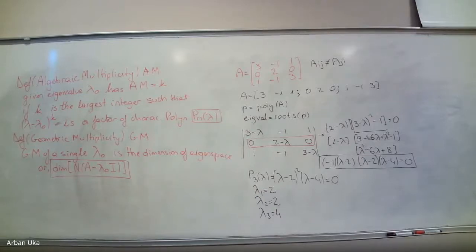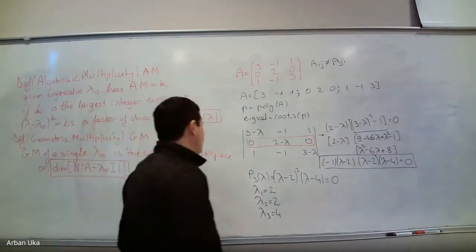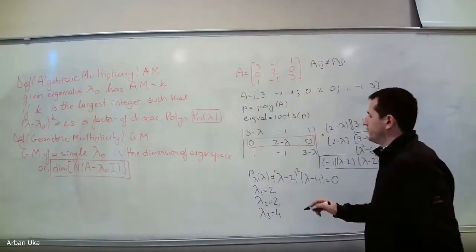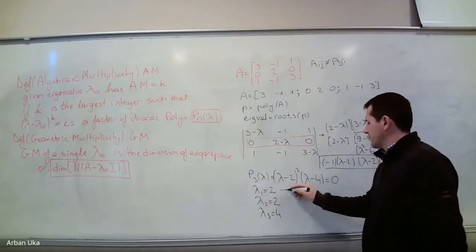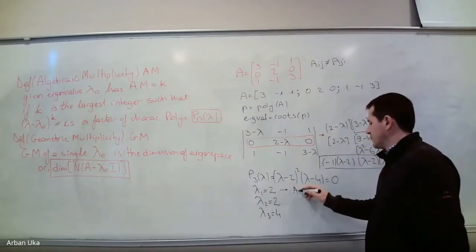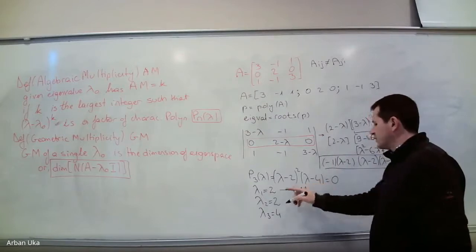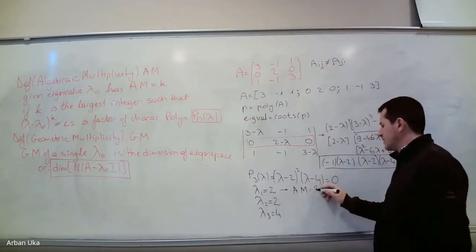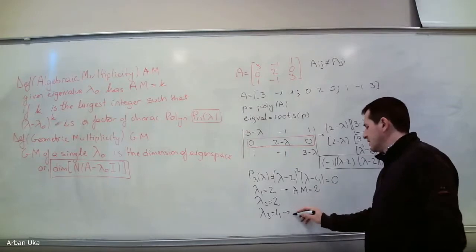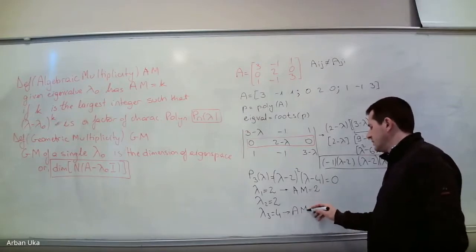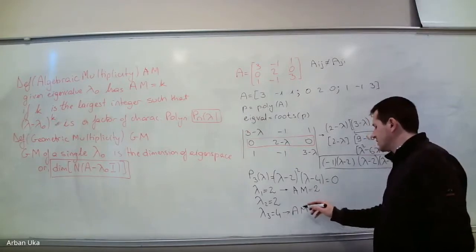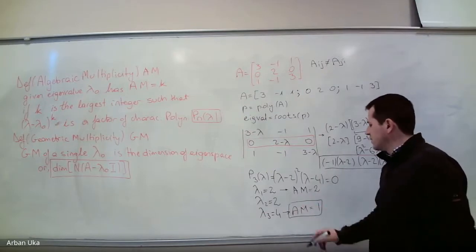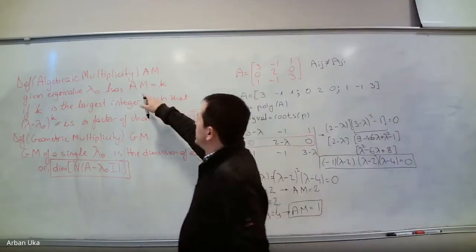Now, what is the algebraic multiplicity of lambda 1 equal to 2? The algebraic multiplicity of this lambda is equal to 2, and the algebraic multiplicity of this lambda is equal to 1, because of this definition.